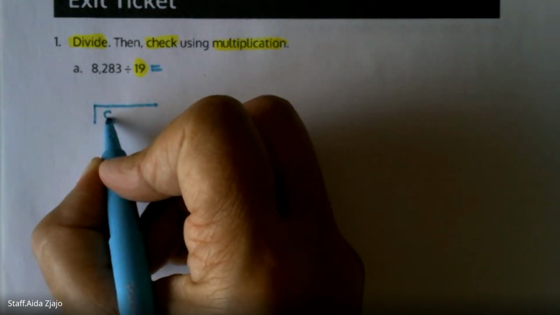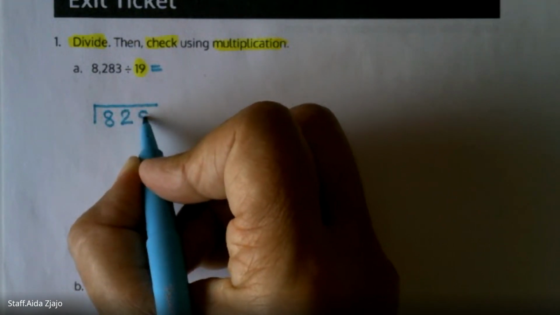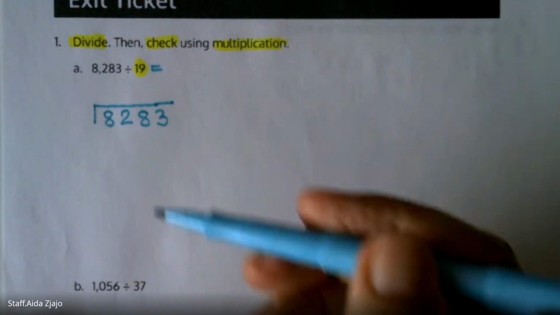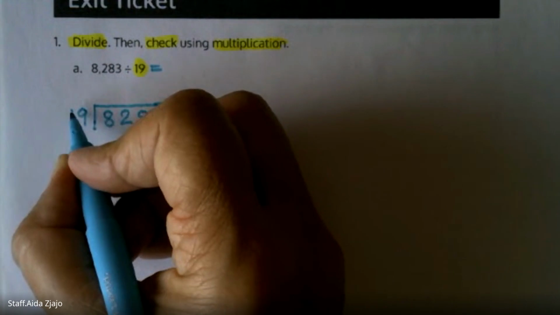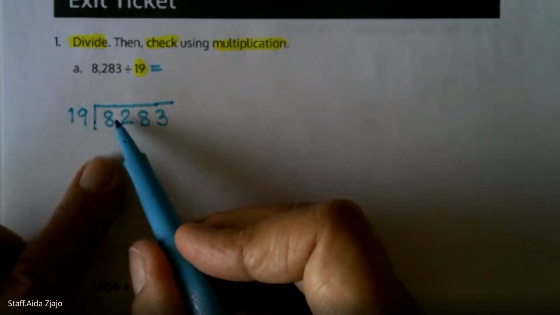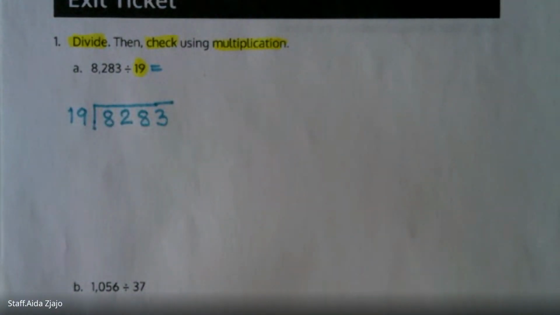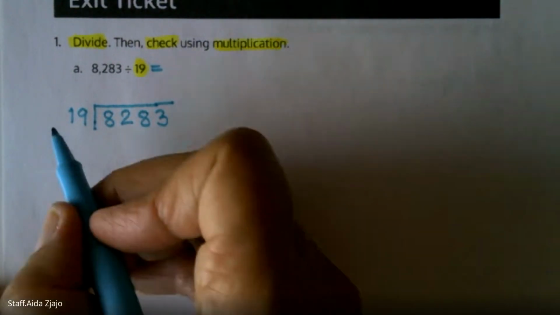I like to write big numbers, 1, 8, 2, 8, 3, with no comma, because if you're a sloppy writer, your comma could look like 81,000 instead of 8,000. So be precise. Later on, you can add a decimal or comma if you need it.